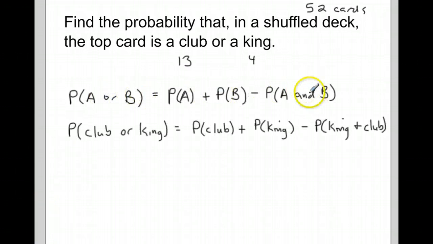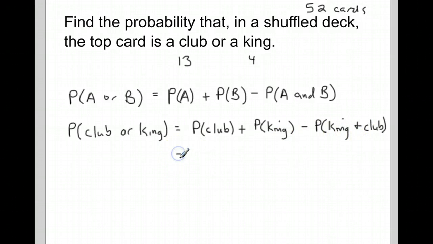So for this example, this formula would become this. If we call A the club, or B a king, it becomes the probability club or king. That's the probability of club plus the probability of king minus the probability both. Now, king and club would just mean that one card that's the king of clubs.